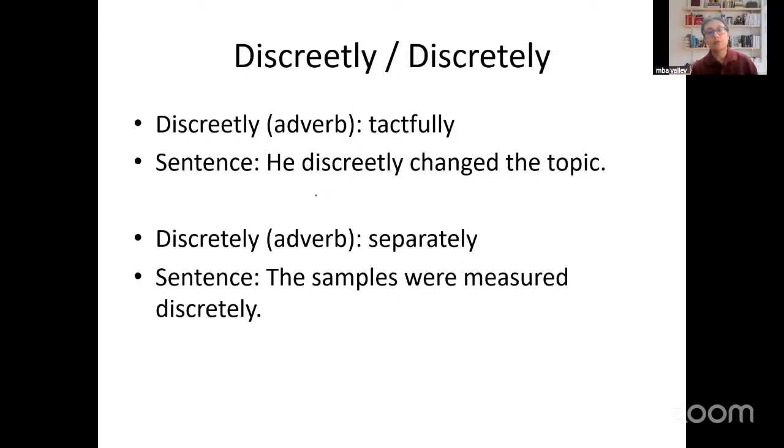Discrete. Now, there is a very, very little difference between discreet with double E, and discrete with CRETE. Now, discreet is tactfully done.